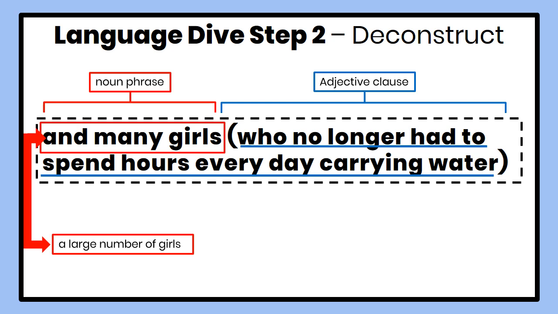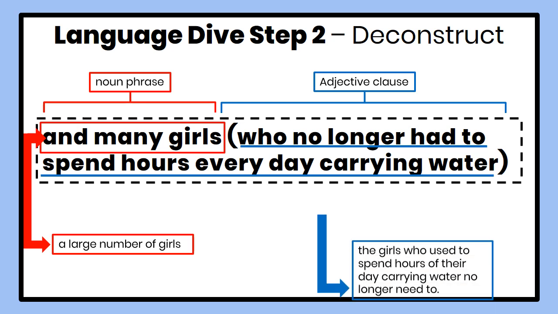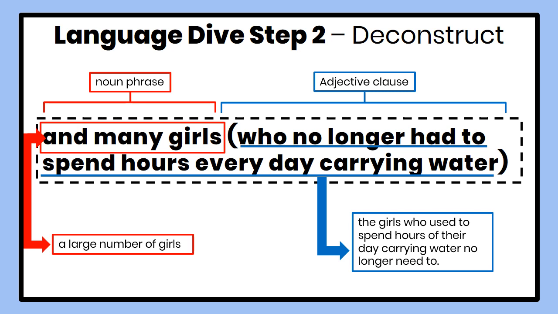In this case, the parentheses are used to emphasize or even celebrate the fact that the girls who used to spend hours of their day carrying water no longer need to. The clause in parentheses gives more detailed information about the many girls in the first part of the chunk. It is considered an adjective clause because it describes the girls in the first part of the chunk.